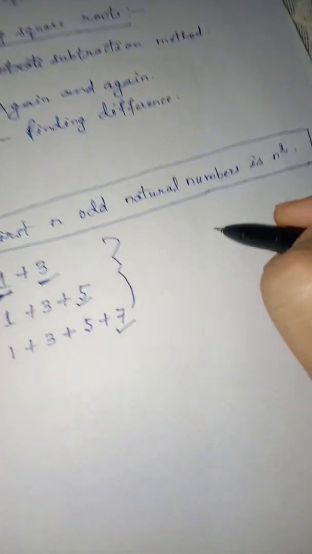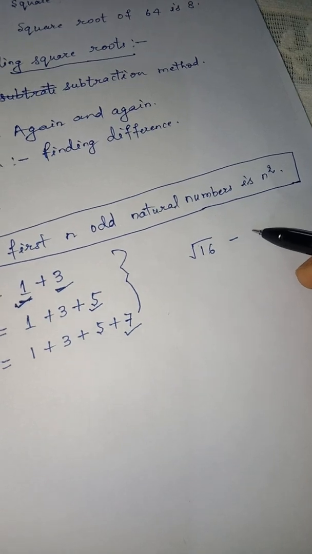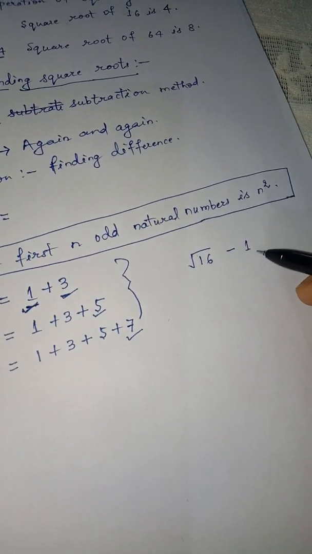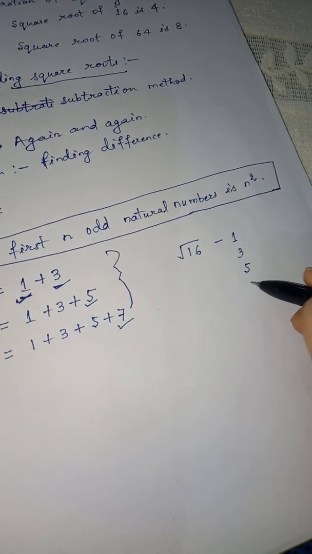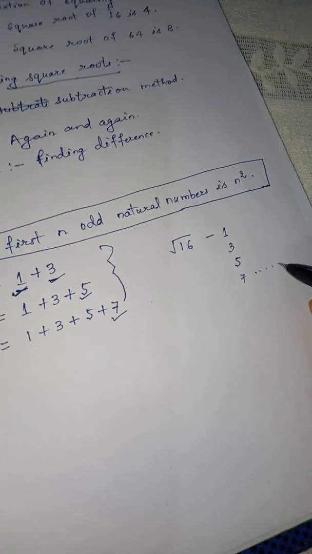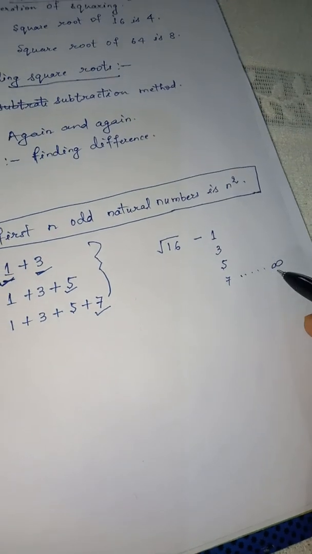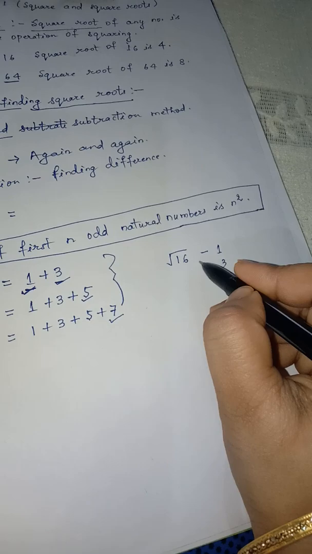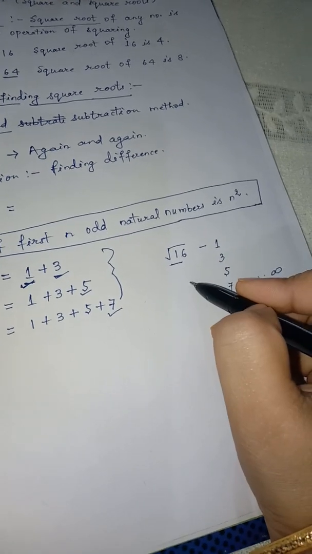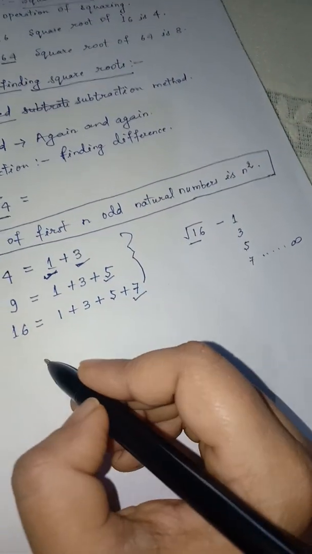So for finding the square root of any given number, we start from 1. After that we subtract 3, 5, 7, and odd numbers start from 1 to infinity. And how many times will we subtract?